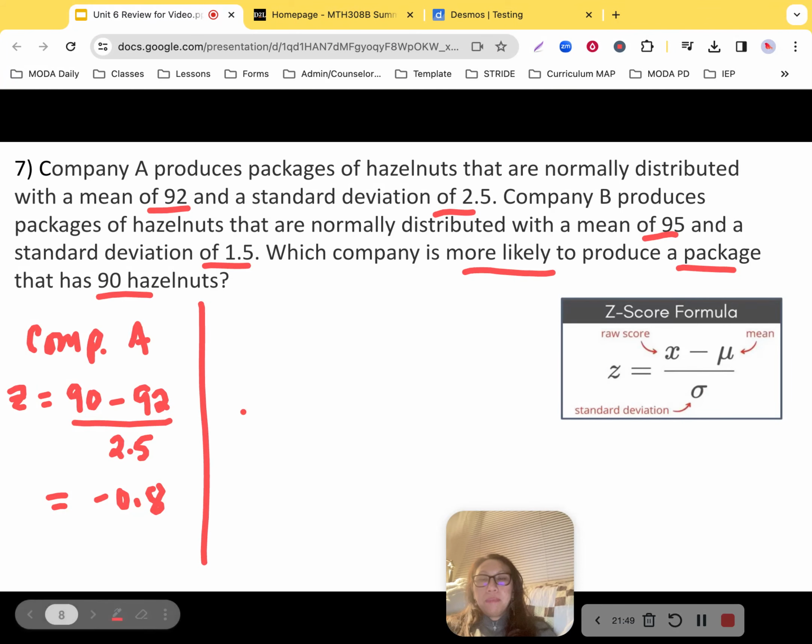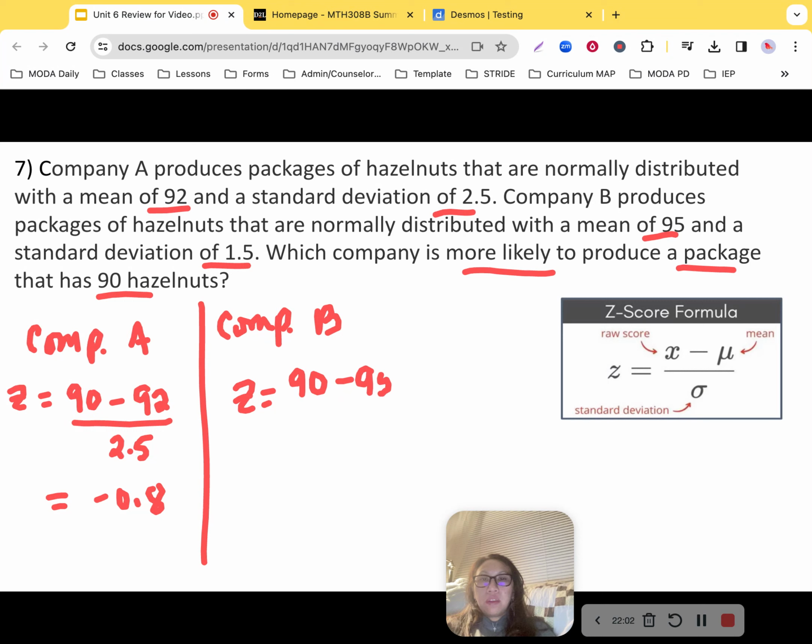And then company B, you have the z-score: the raw score here is 90 minus the mean of 95, divided by the standard deviation of 1.5.